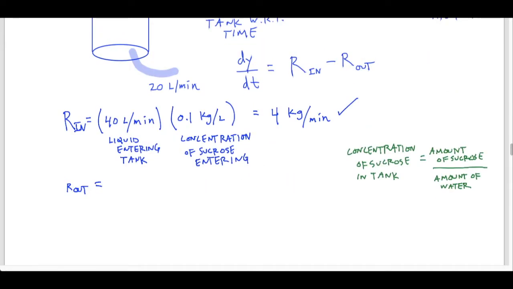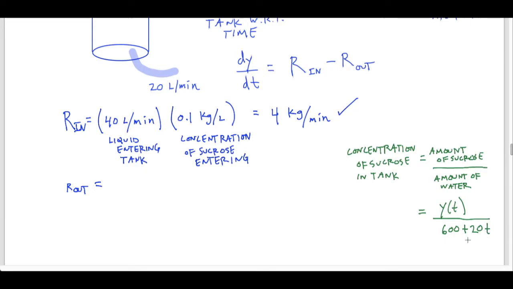R sub out is not quite as simple. First, over here in the margin, I note that the concentration of sucrose in the tank at any given time is a fraction: the amount of sucrose in the tank divided by the amount of water in the tank. This numerator is exactly the quantity we're trying to model. We can label that y or y of t.